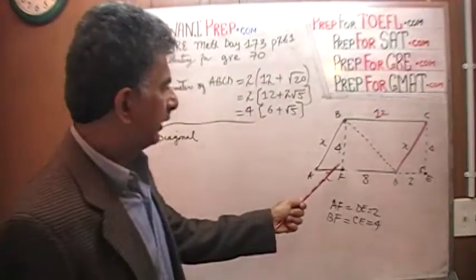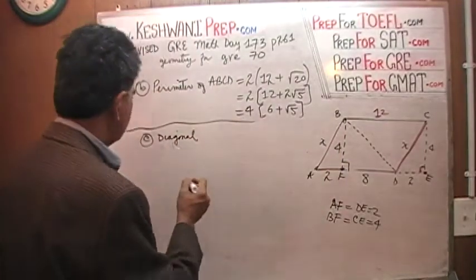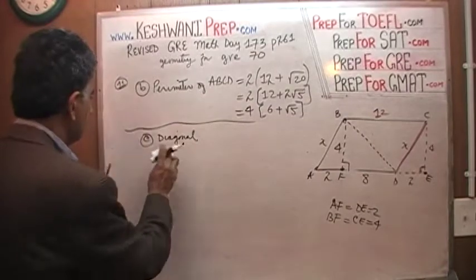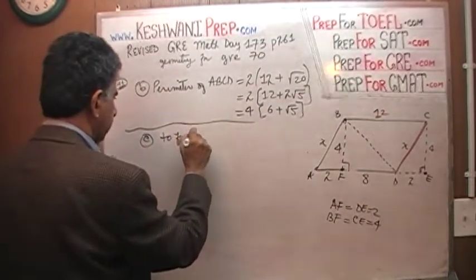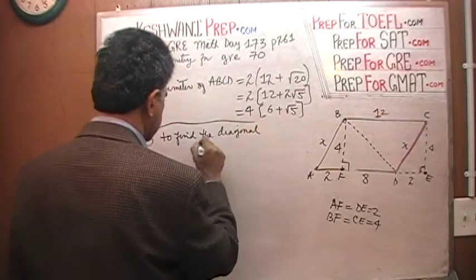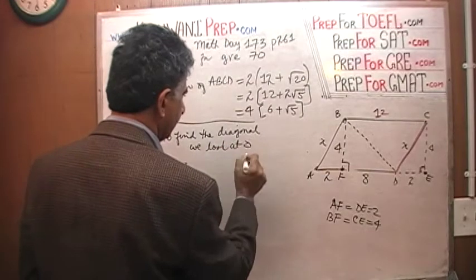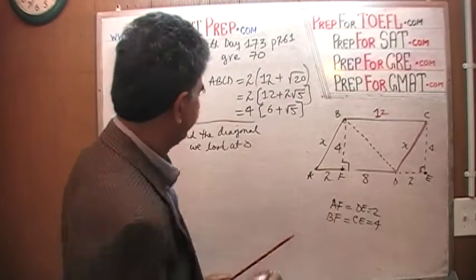So now we look at this, and this is of course a right angle because we are dropping a perpendicular. So to find the diagonal, we look at triangle BFD.